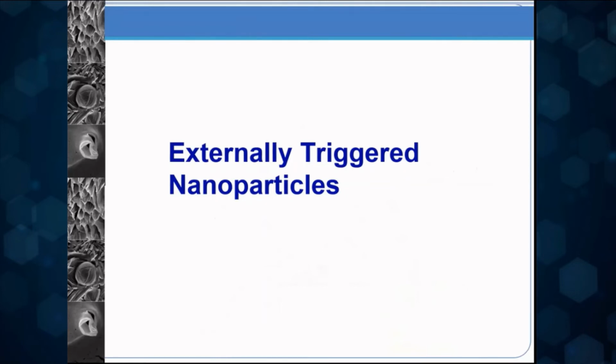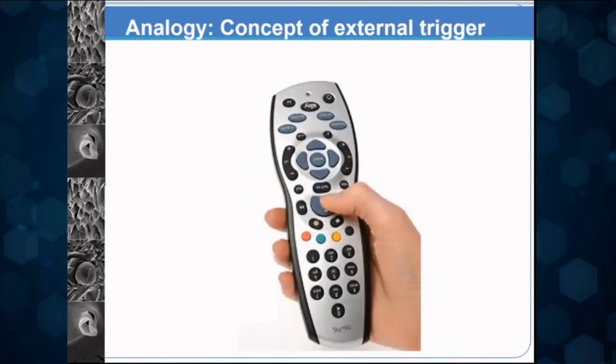As I mentioned in the previous figure, there was the concept of using light, temperature, magnetic fields, as well as ultrasound as external triggers. Whereas the internal trigger analogy was that of the solar panel, the external trigger analogy is more like a remote control. So the control is in your hand. You have the ability to control how much and where to focus, and those are advantages of the external trigger.